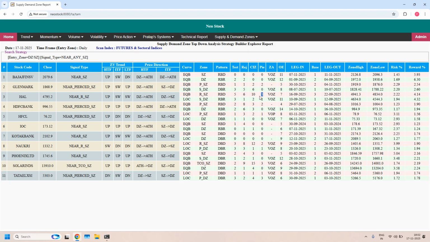You can't use it for the high liquidity zone strategy, but you can use the pierced zone strategy that you learned in lesson 28 if this is applicable to you. Naukri is also a pierced zone, not valid for the high liquidity zone strategy. So we don't have any high priority, high liquidity daily supply zones from this list.